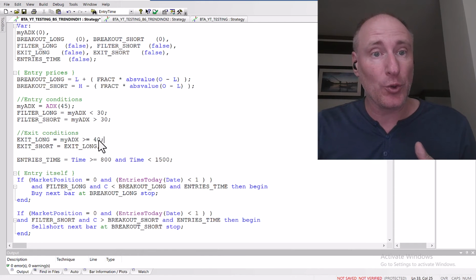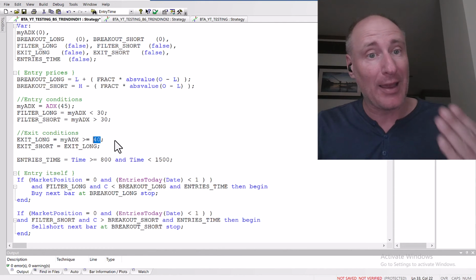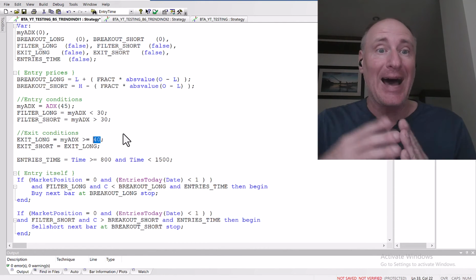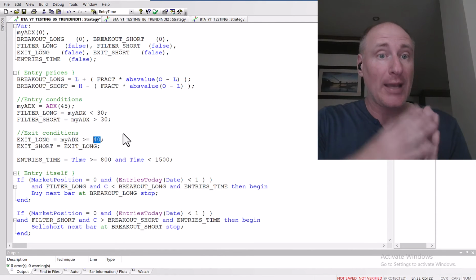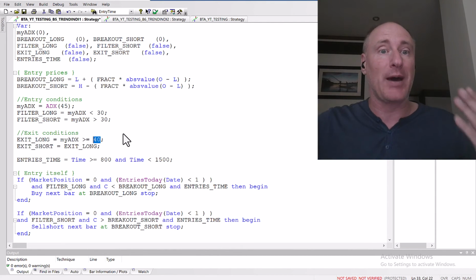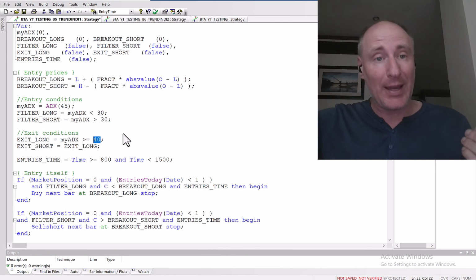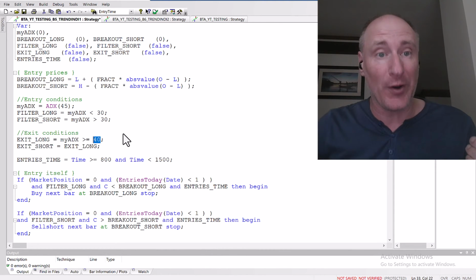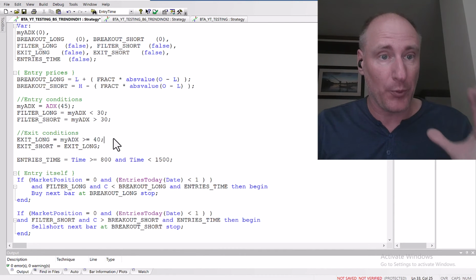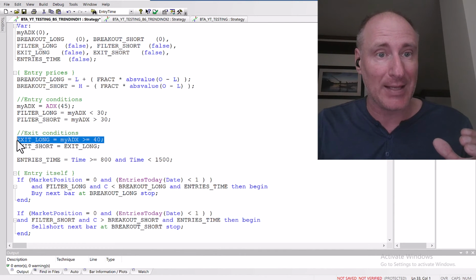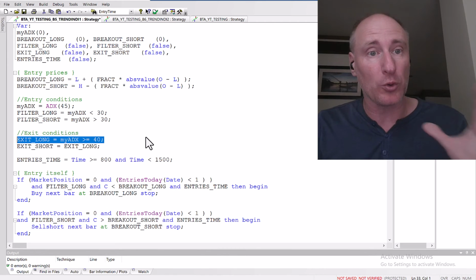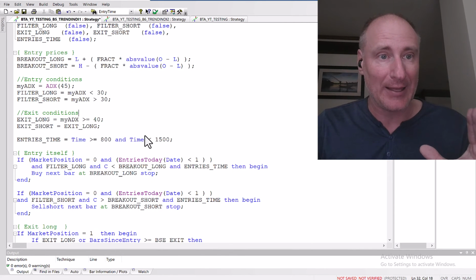So again, you use some higher threshold like 40, and when ADX is higher than 40, it means there is an exhaustion of the trend already, and it's better to exit because the market can start reverting. So we want to exit at the best moment with most profits. This exit condition applies for both long and short side.